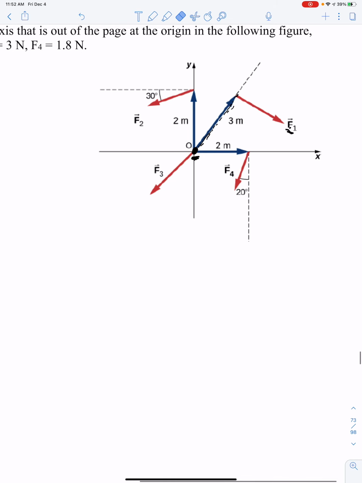So the equation for torque is known as the cross product of the distance, r, and force. This cross product denotes that they have to be perpendicular to each other.